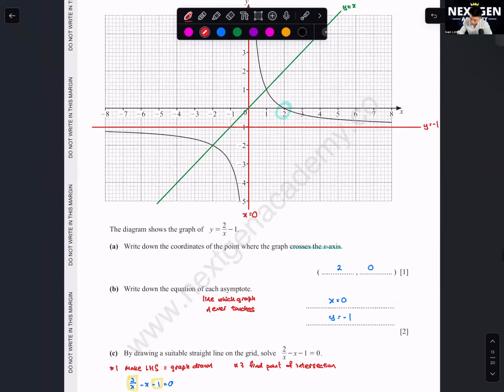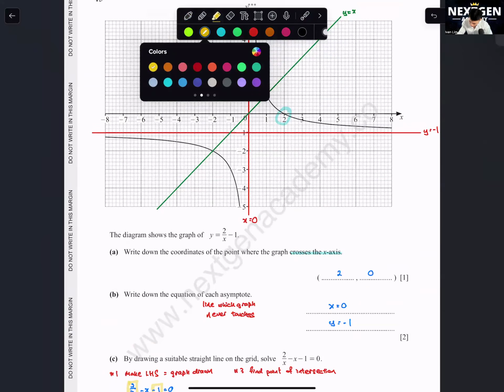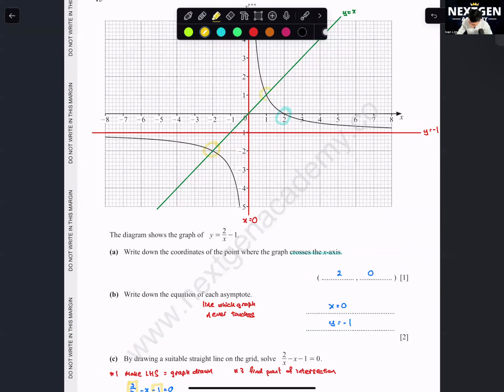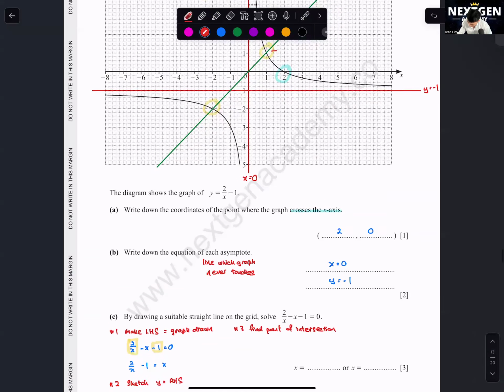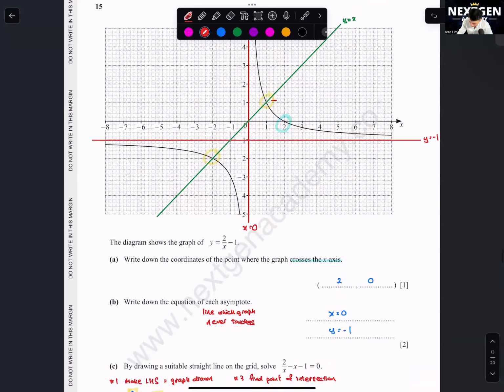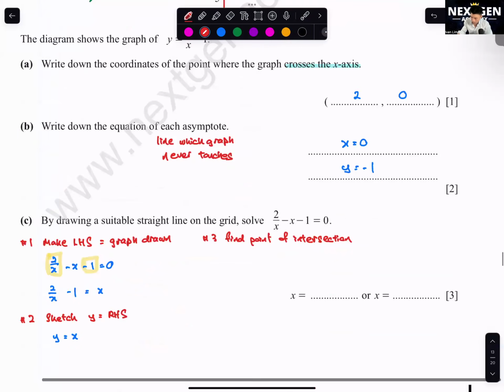Normally it's a curve. So based on here, it is this point and this point. They are asking you for the x value only. So this point is x equals to 1. Then this point here is x equals to -2. So answer is 1 and -2.